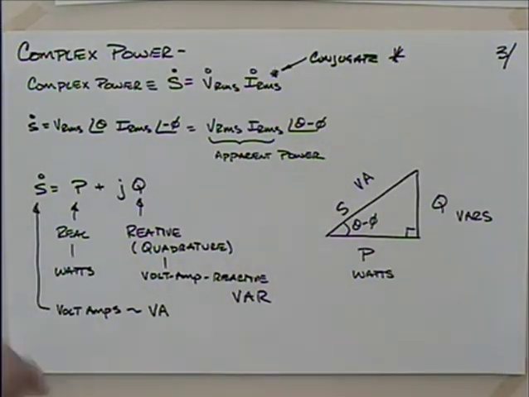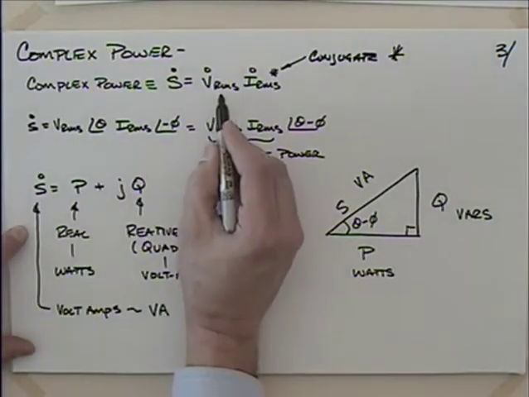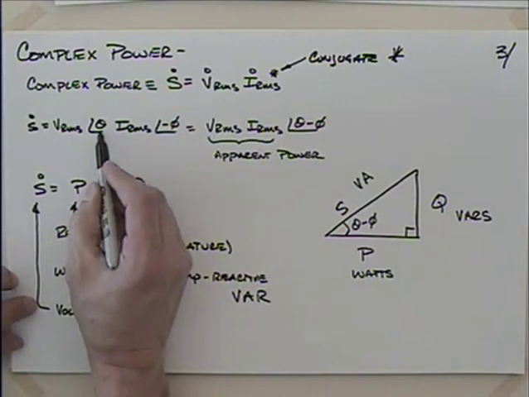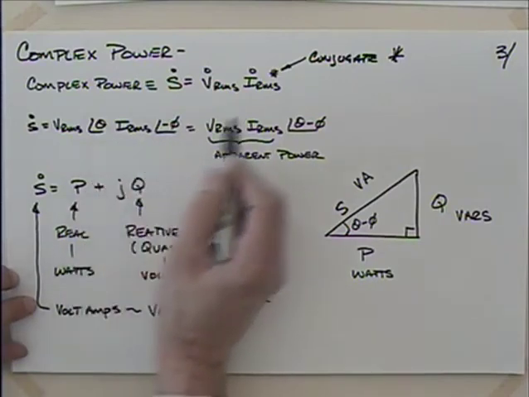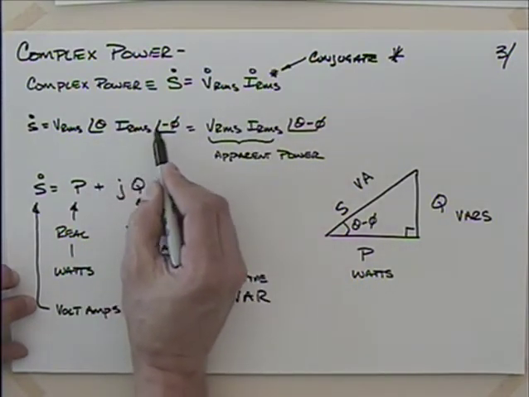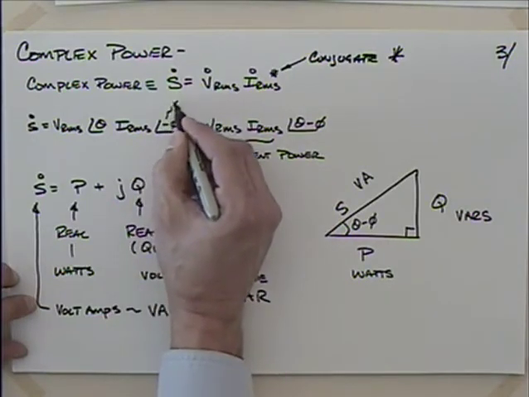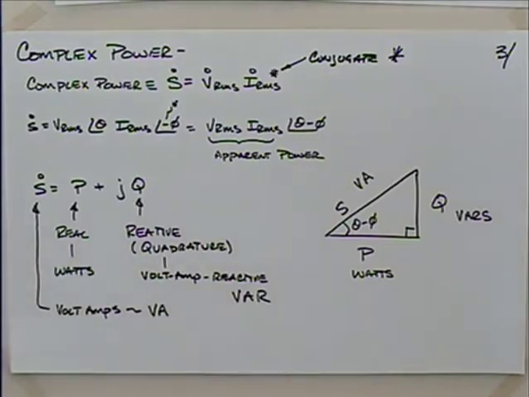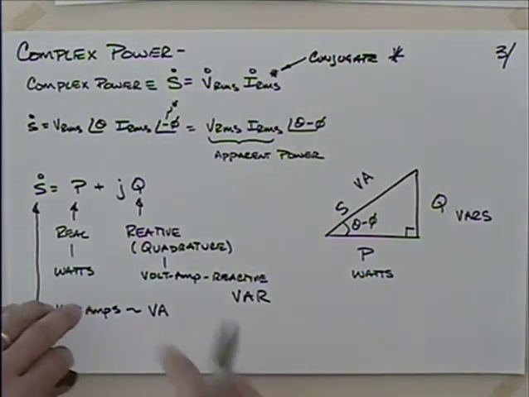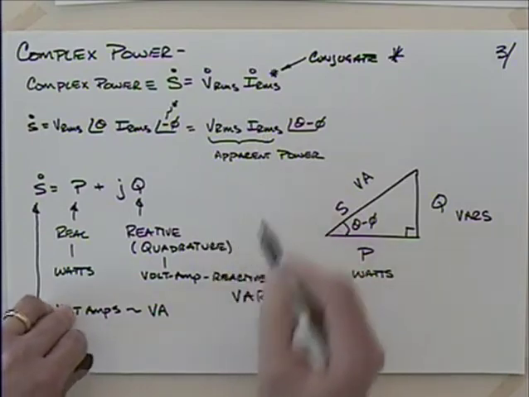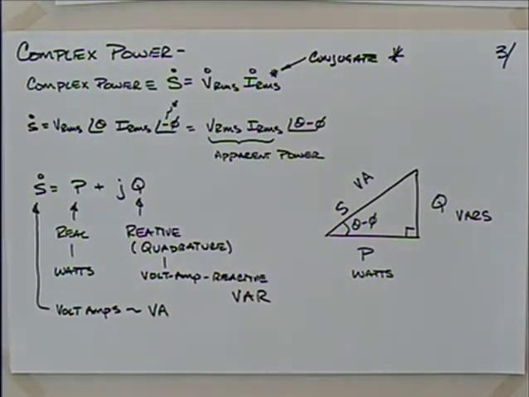So if I look at this in magnitude angle form, I could say that V RMS is the magnitude V RMS at some angle theta. We usually use theta for voltage. And then I RMS is the magnitude, and if I take a conjugate, I get the negative sign. That's due to the conjugate. Okay. So if I go through my math there, I multiply the magnitudes. That's apparent power, if you want another name for it.